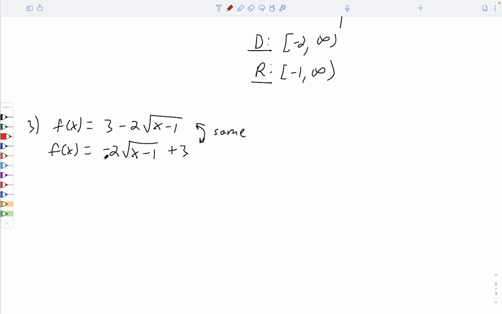So now let's identify the transformation. Not only is my a value negative, so this a value is negative, which means it is a reflection. The number 2 is bigger than 1, so the a value is bigger than 1, so that also means this is a stretch.